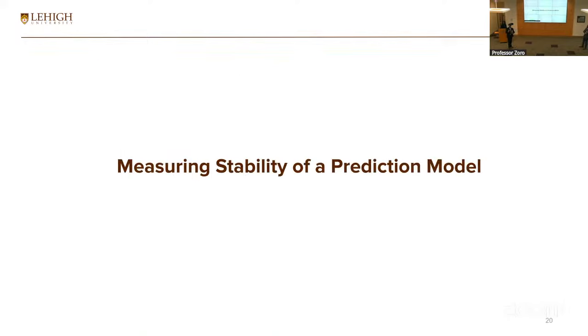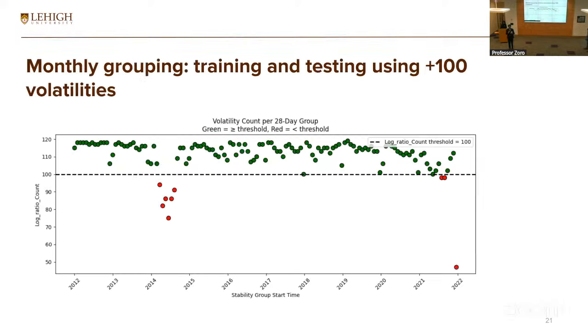So yeah, we build our model using just previous period volatility, and now we want to build statistical tools and empirical analysis on this model and see how stable it is throughout the whole period. So again, we use the filtering technique that we use for the data, and we set a certain threshold.